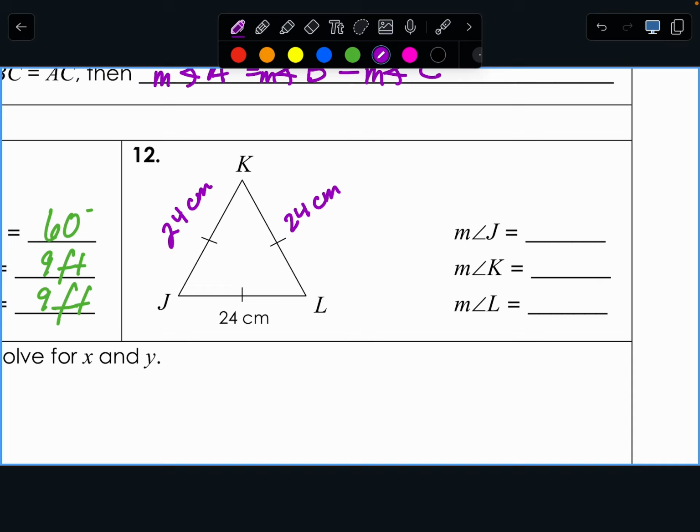What did I just tell you they always were? Always 60, even though there's nothing there to tell you except these marks. You just have to know that an equilateral triangle has 3 angles that are 60 degrees all the time.